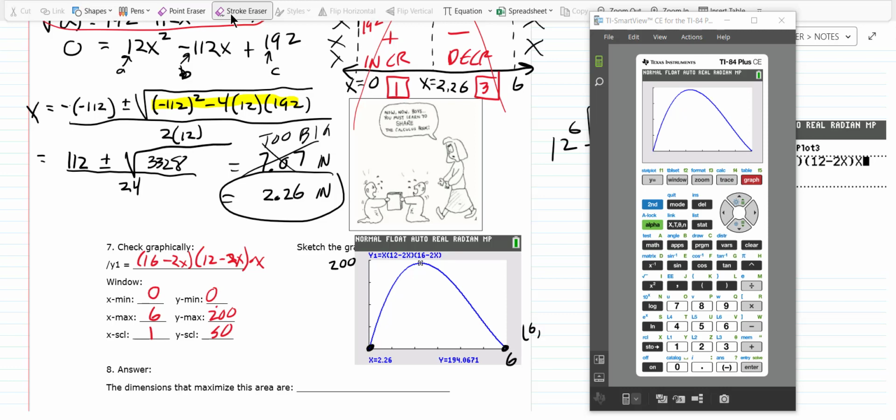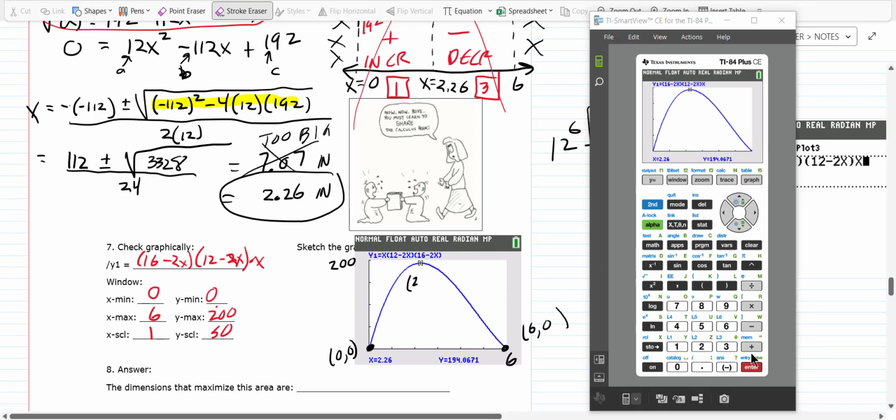You'll have 6, 0, you'll have the point 0, 0. And then if you trace out that 2.26, where that critical value was, then you would get this point 2.26, 194.07, if you round that off, okay? All right, so that's the graph. You can pretty well tell that that gives you a maximum. That's pretty well verifying that. Okay, all right, any question on this one?